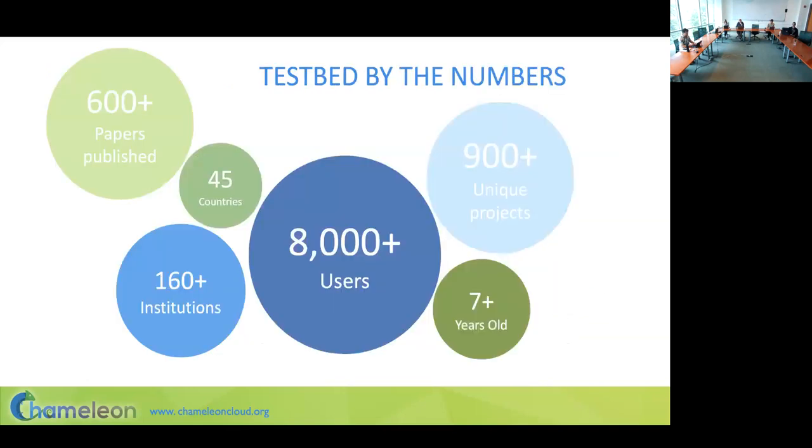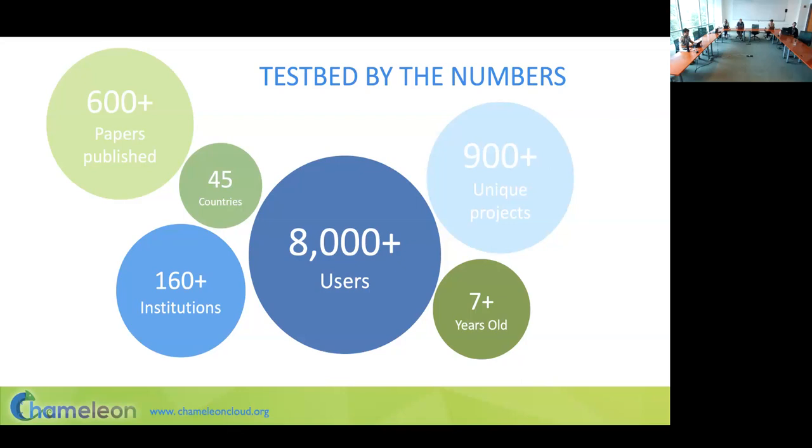A few numbers about Chameleon. We went online in July of 2015, so almost 8 years now. In those 8 years, we had the privilege to serve over 8,000 users coming from many countries and many institutions. We've got almost 1,000 projects.